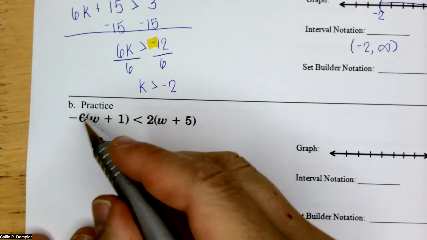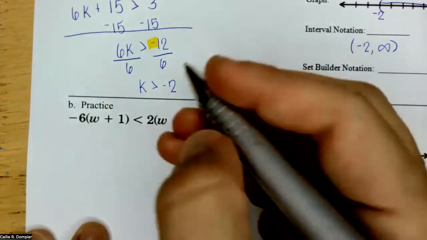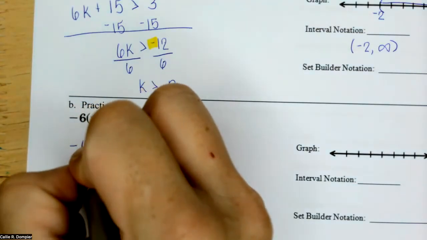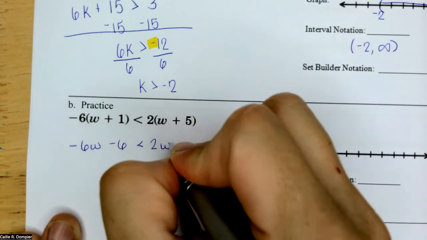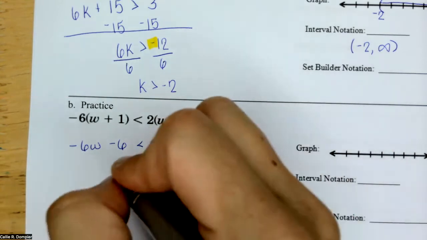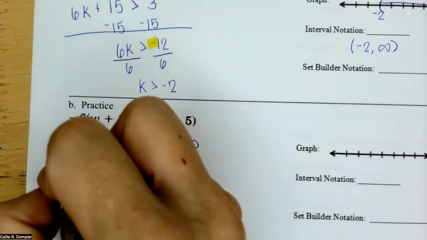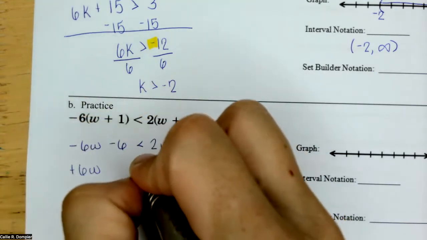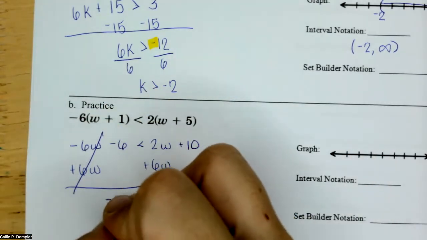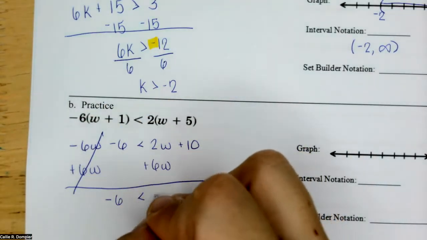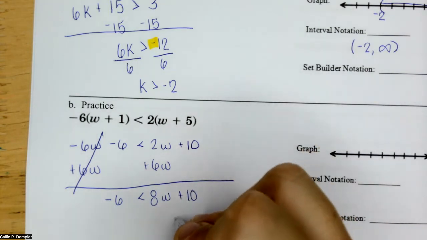Here we have 6 times the quantity w plus 1 is greater than 2 times the quantity w plus 5. Negative 6w minus 6 is less than 2w plus 10. Same thing. I'm going to add 6w, add 6w. I have negative 6 is less than 8w plus 10.